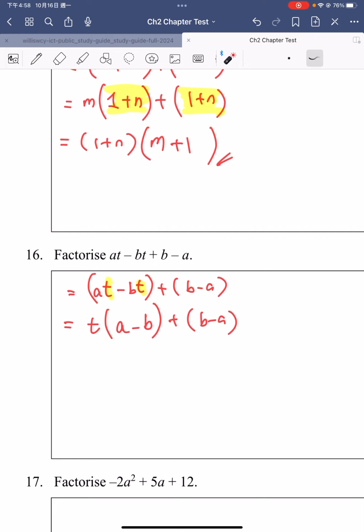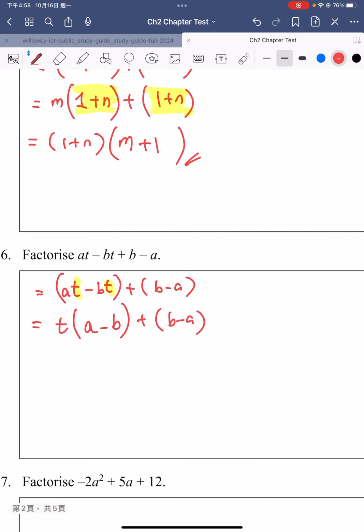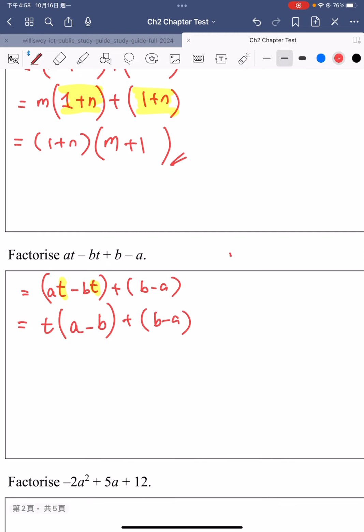So you can see from here that a minus b is similar to b minus a, but they're not exactly the same, isn't it? If you want to change the a minus b back to b minus a, you can swap them directly, but you need to add a bracket and then change the sign to be negative as well. So this is actually wrong. What is correct is to change them directly, but with a negative sign. So I say it again, b minus a is actually not equal to a minus b.